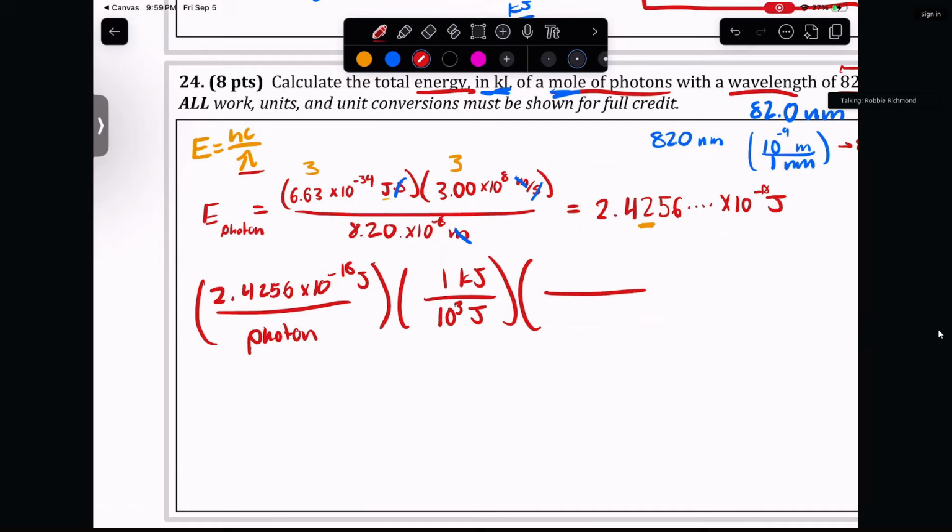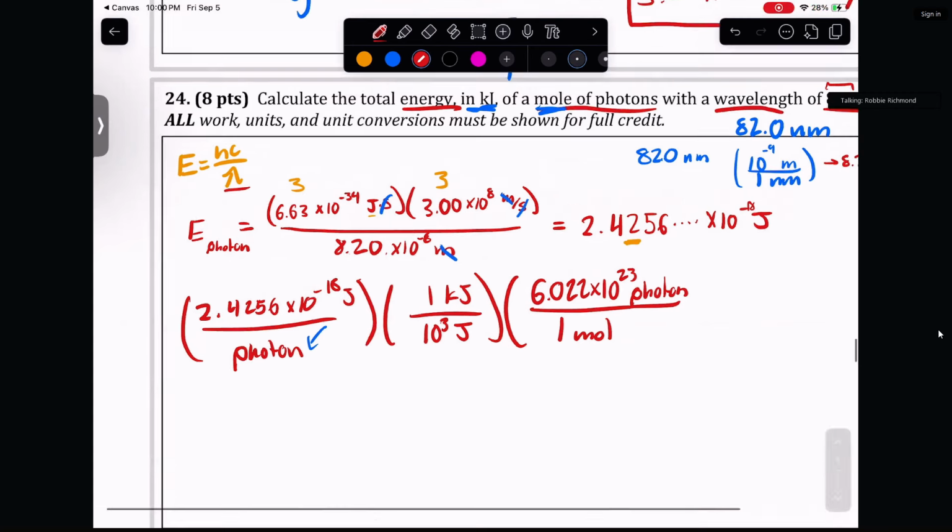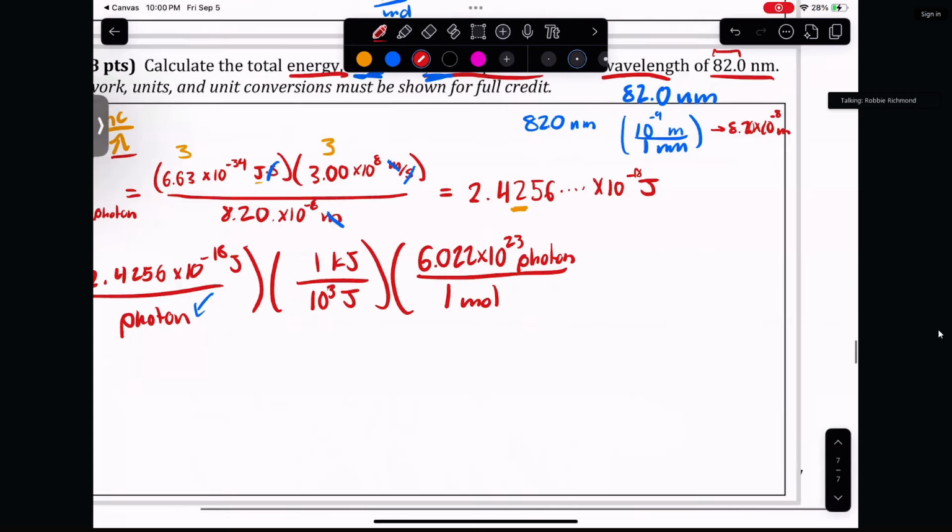Now, remember, we want to cancel out photons here on the bottom. So what we're going to do is 6.022 times 10 to the 23, or Avogadro's number of photons, is 1 mole of photons. Or I'm just going to put 1 mole, because that's more in the language of kilojoules per mole.